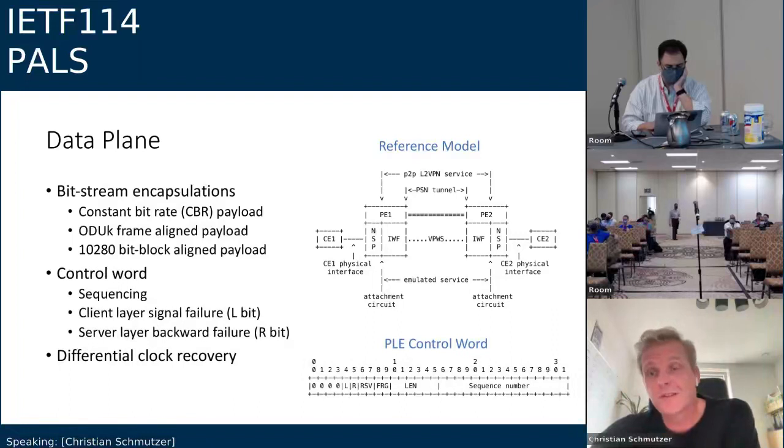For the rest, the proposal is really to keep things the way they are, right? We have an RTP header with sequencing and RTP timestamps. We have a control word with L and R bits. So pretty much what we have done before, but broadening the scope of SAToP, which really was focused around T1s, E1s, and the like.